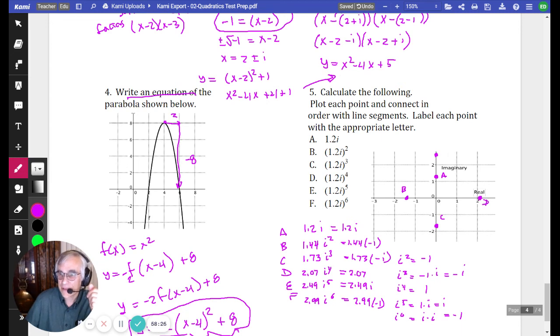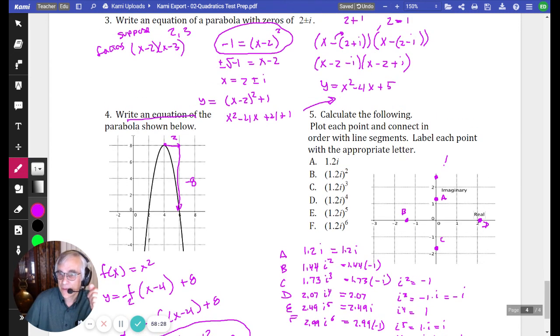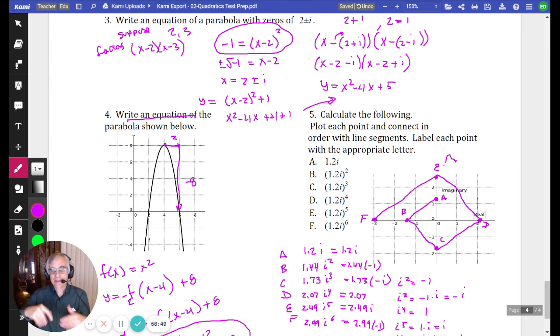A, B, C, D, E. And F finally is about -3. So there's F. And then we're going to connect them together in order: A, B, C, D, E, F. So it creates kind of an interesting spiral.